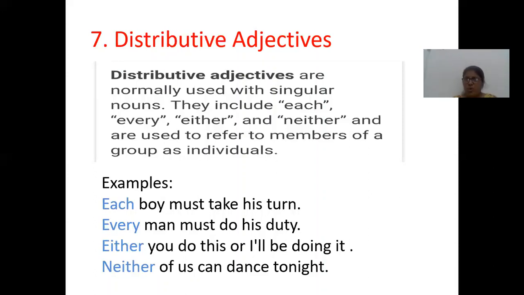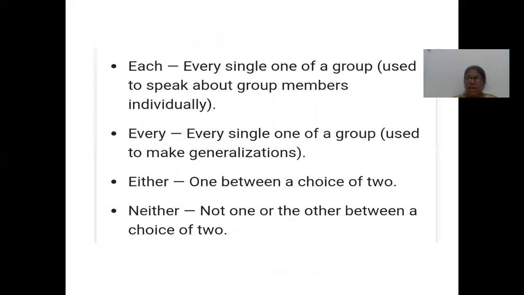It means from a group I am referring to one member, for every and each. Either means I am giving a choice between two. Either me, either you. Neither means not you, not me. Now see, each means every single one of a group, every single person of a group, and it is used to speak about group members one by one.